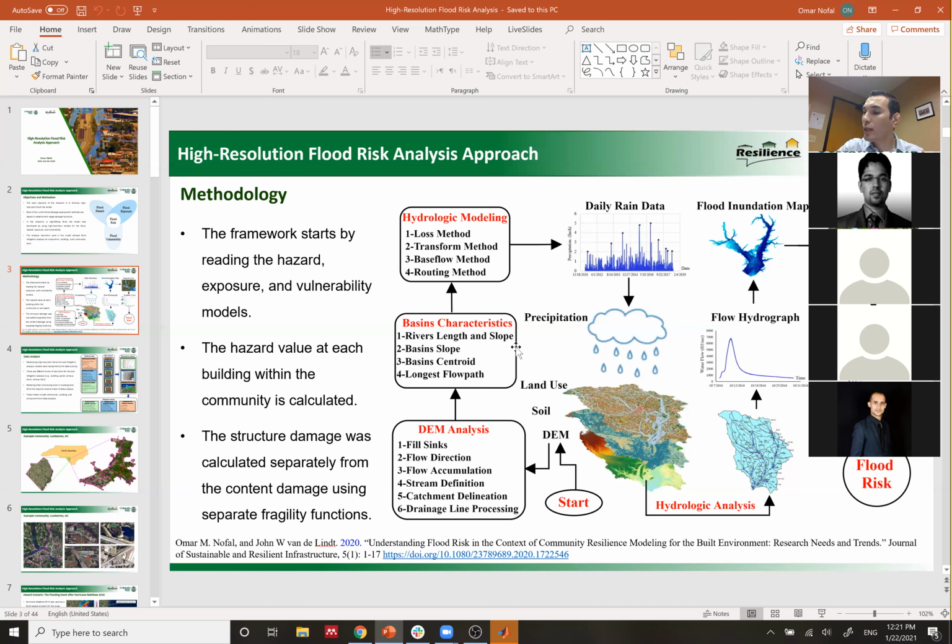For example, the building is worth 90% because 10% is already lost due to scour. That's why we collected the current maintenance of the building. We rate it as poor maintenance, medium, or high, well maintained.